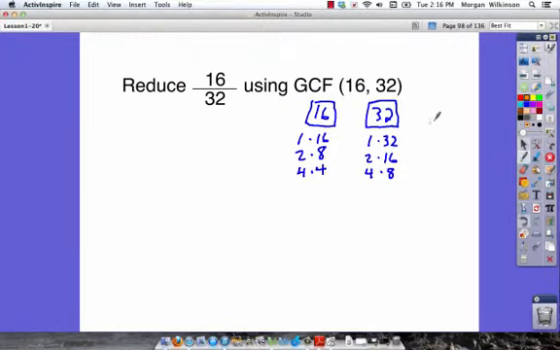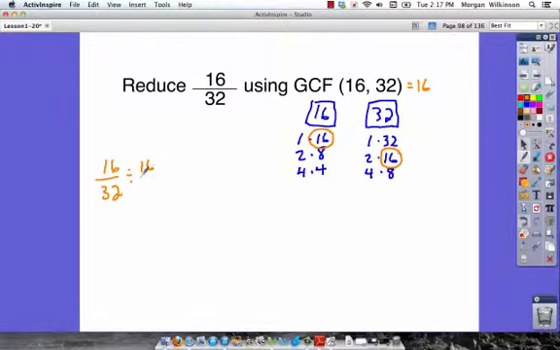Now what's the greatest common factor here between these two numbers? Hopefully you said 16. They both have a 16 in common. So the greatest common factor of 16 and 32 is equal to 16. So what we're going to do is take this number, 16 over 32, and reduce it by dividing by the greatest common factor.